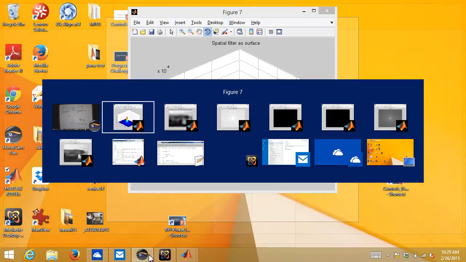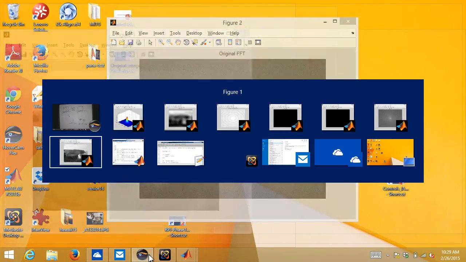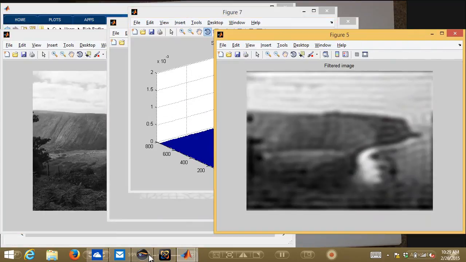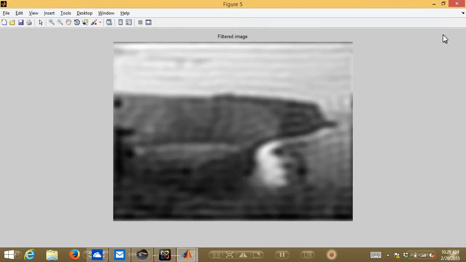And so that ringing is exactly this phenomenon, right? If I were to make a radius 20 filter, this is the ringing phenomenon where I can see that edges in the image throw off these extra bumps.